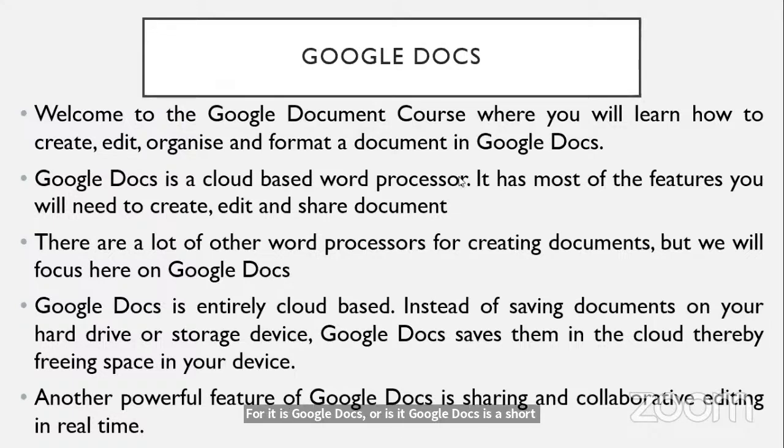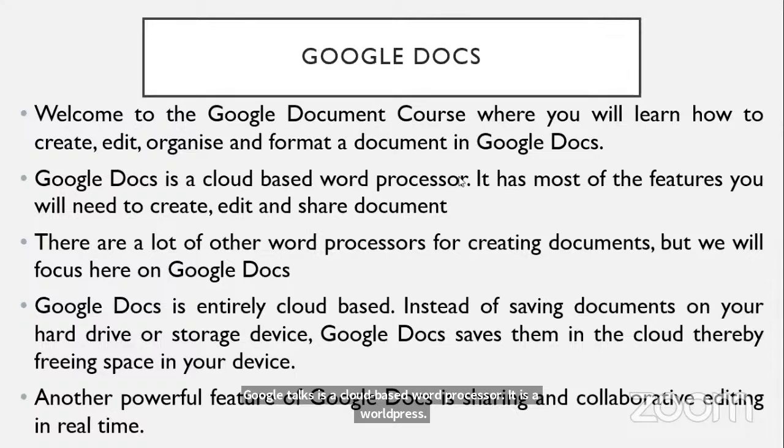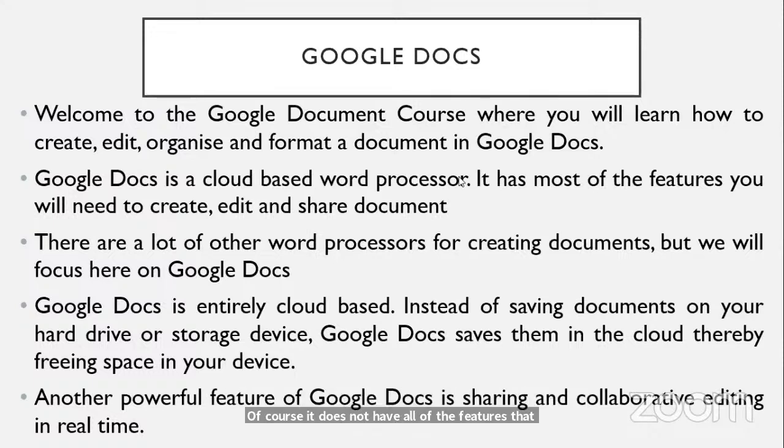In Google Docs, you will basically learn how to create, edit, organize, and format a document, because Google Docs is a cloud-based word processor. It has most of the features that you will need to create, edit, and share a document. Of course, it does not have all of the features that Microsoft Word has, but it has most of the features that you will need to create an appealing document.